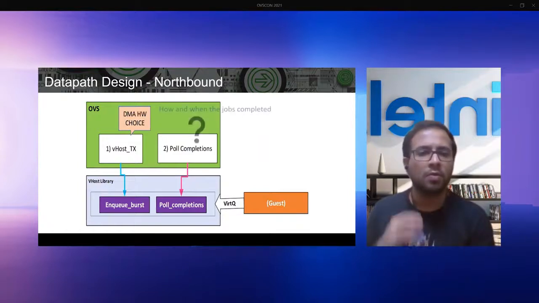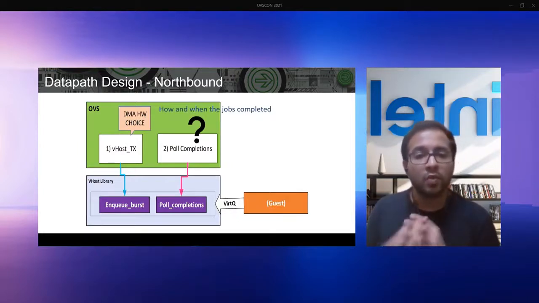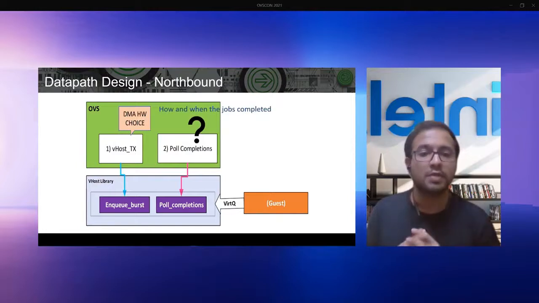But what about polling for its completion? When and where could we do that? Unlike the vhost RX interface, OVS doesn't poll the vhost TX interface continuously. So we cannot make use of the idea to poll DMA completions for packets that we enqueued in the previous iteration. So how do we go about solving this?